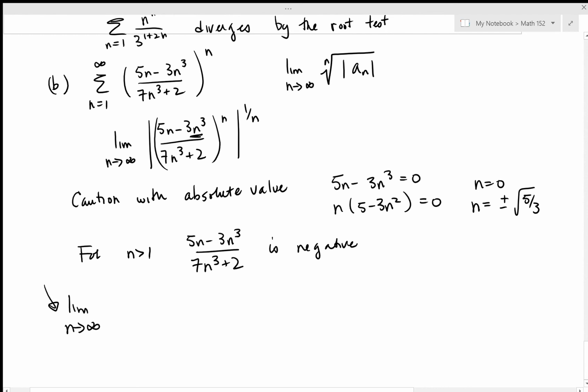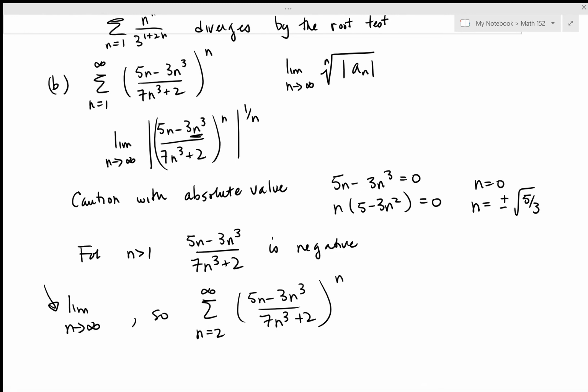So instead of considering the sum from 1 to infinity, why don't I just take a look at the sum from n equals 2 to infinity. If this converges, then adding in one more term won't change anything. I'm doing this so that I can handle that negative positive issue more easily. If I can understand if this converges or diverges, then I add in the n equals 1 term. Don't care if it's positive or negative, it's finite, and that won't affect the convergence.